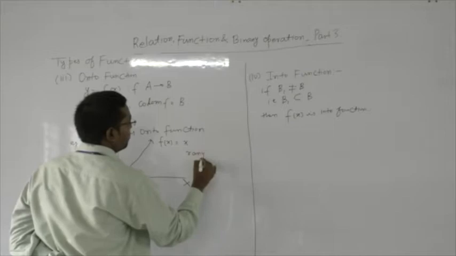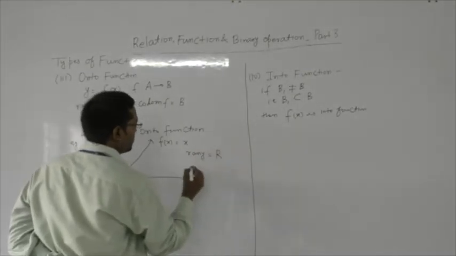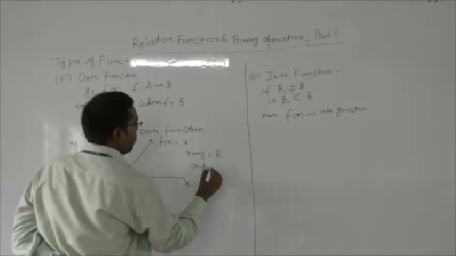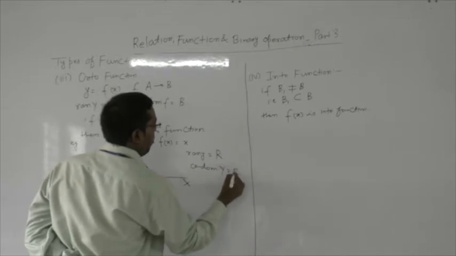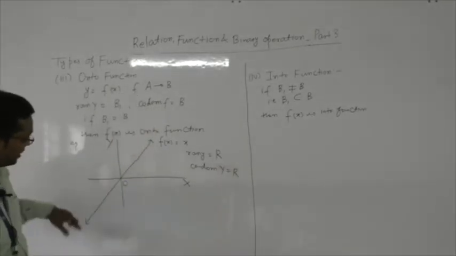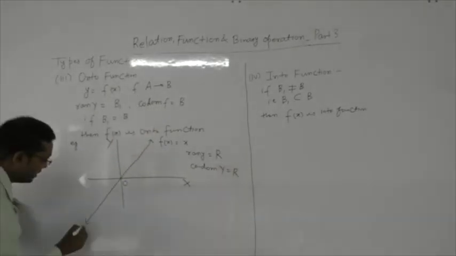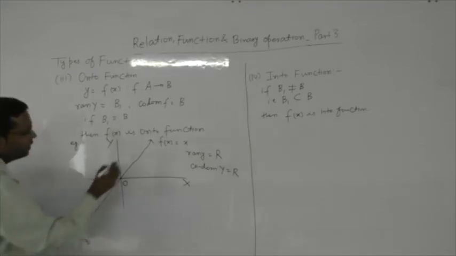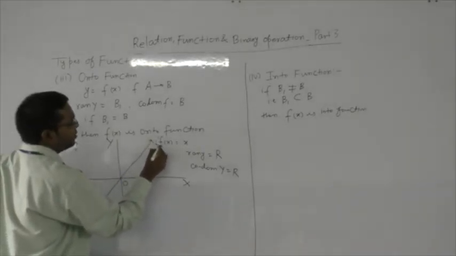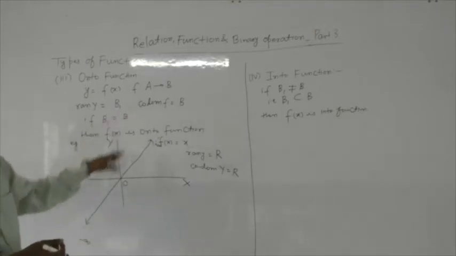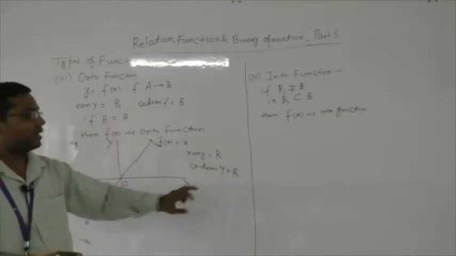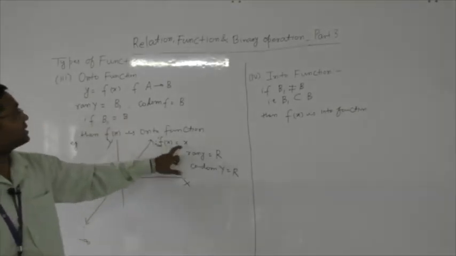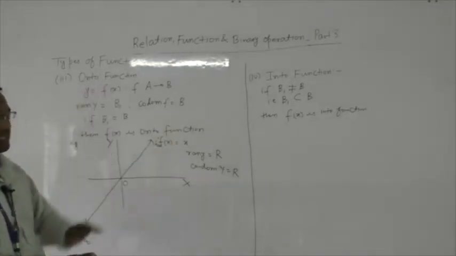The range of this function is all reals. What is the codomain of this function? All reals. The range will keep on going down towards minus infinity, and will keep on going up, that is plus infinity. So the range is also real, the codomain is also real. Hence this function f(x) equals x is an onto function.